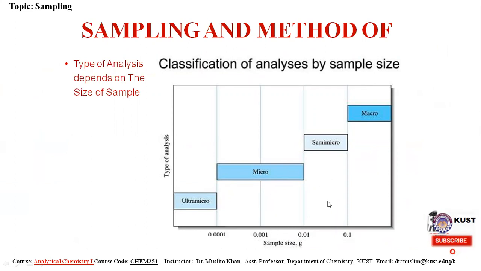For a semi-micro, we need between 0.01 and 0.1 gram. And for a macro type of analysis, we need 0.1 gram of sample or more. Basically, you take the sample size according to the type of analysis you need, whether ultra-micro, micro, semi-micro, or macro.